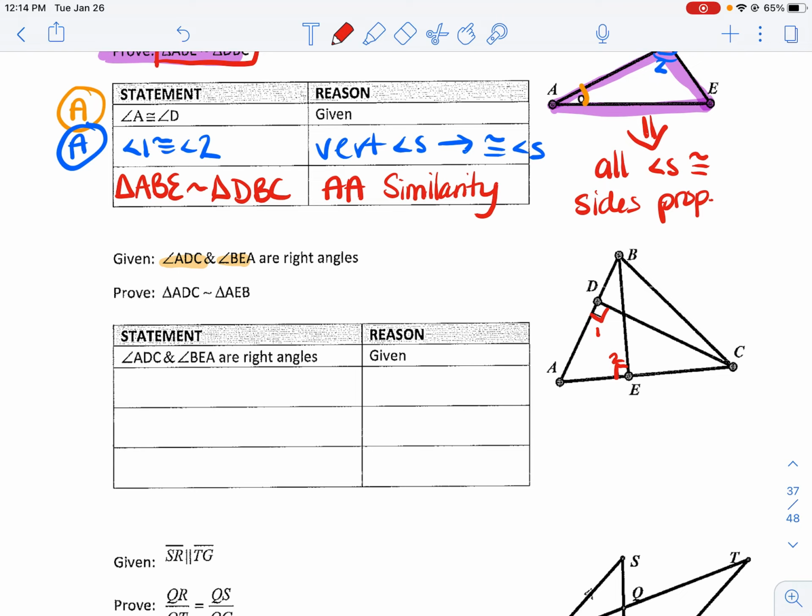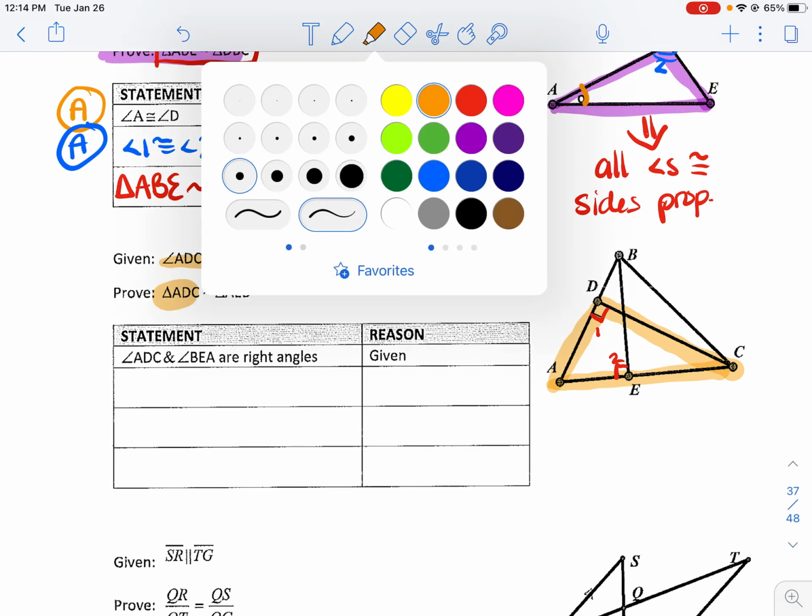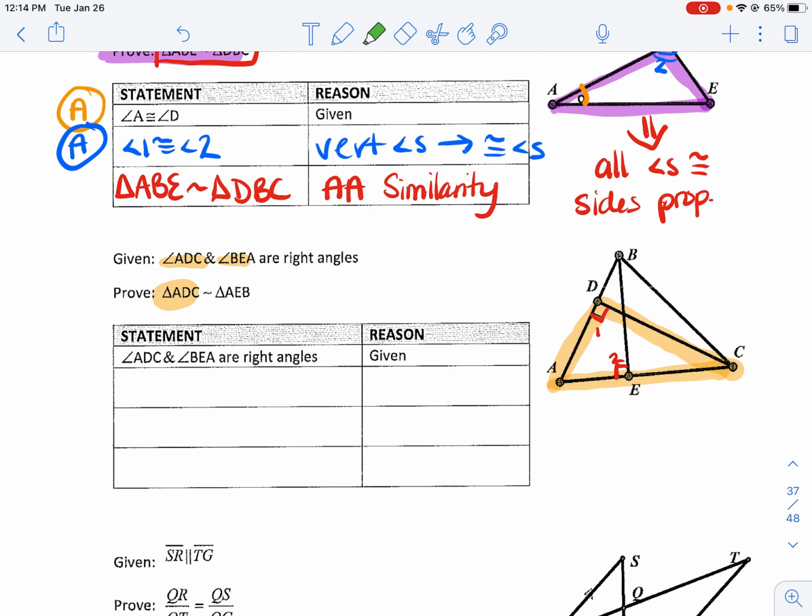Okay? We want to show that triangle ADC, that's that guy, is similar to AEB. Okay, so if you look at those triangles, and the reason I'm using the highlight is it really does help us.